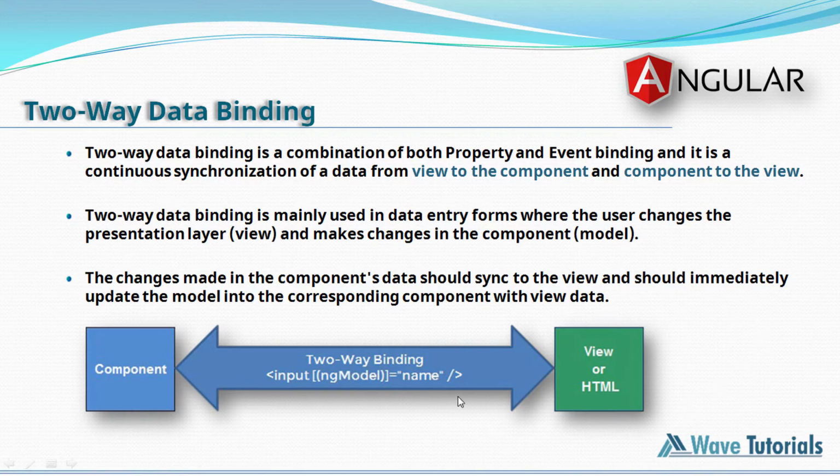You can see here that the data travels in both directions, in the component as well as in HTML. So the syntax of two-way binding is round brackets inside square brackets. If you remember, we used round brackets in the case of event binding and square brackets in the case of property binding. So here two-way data binding is a combination of both property and event binding, where you can sync your data from component to view and from view to component.